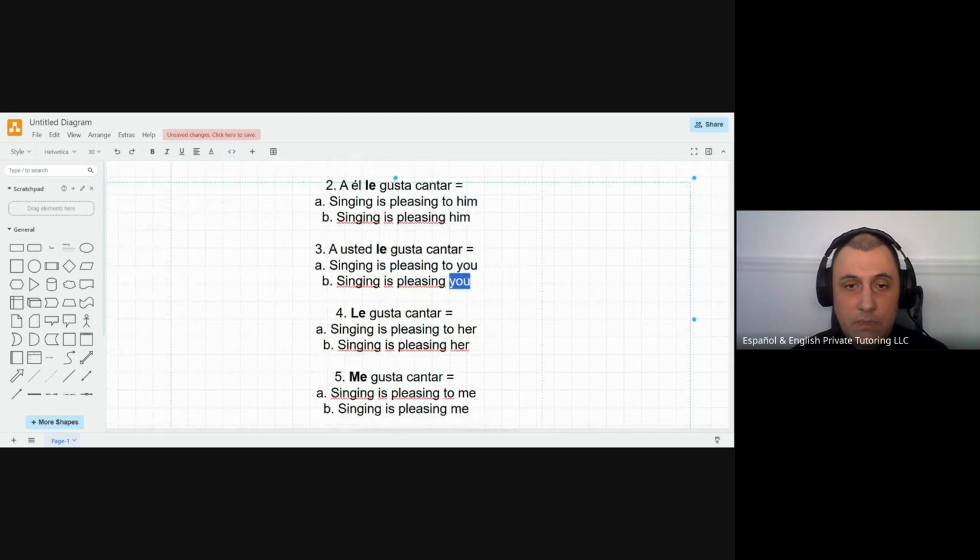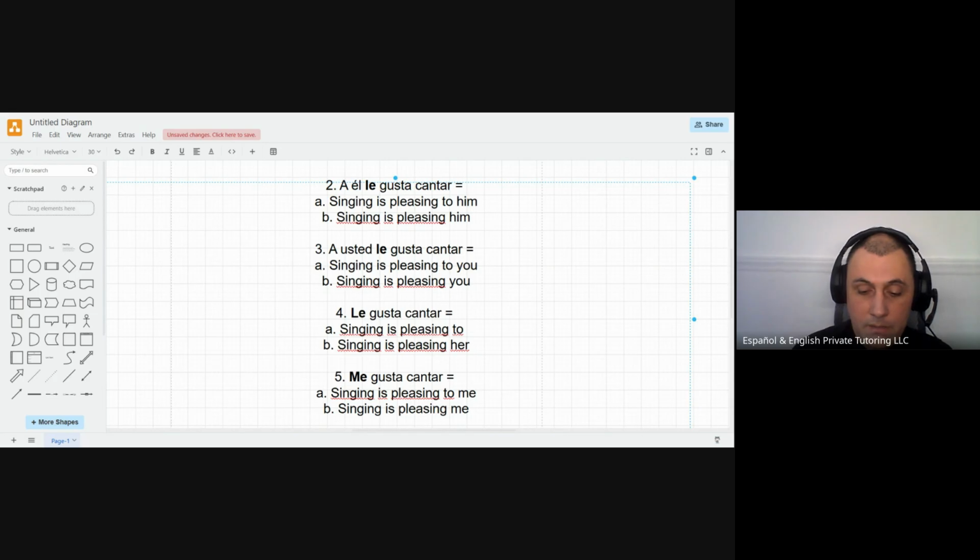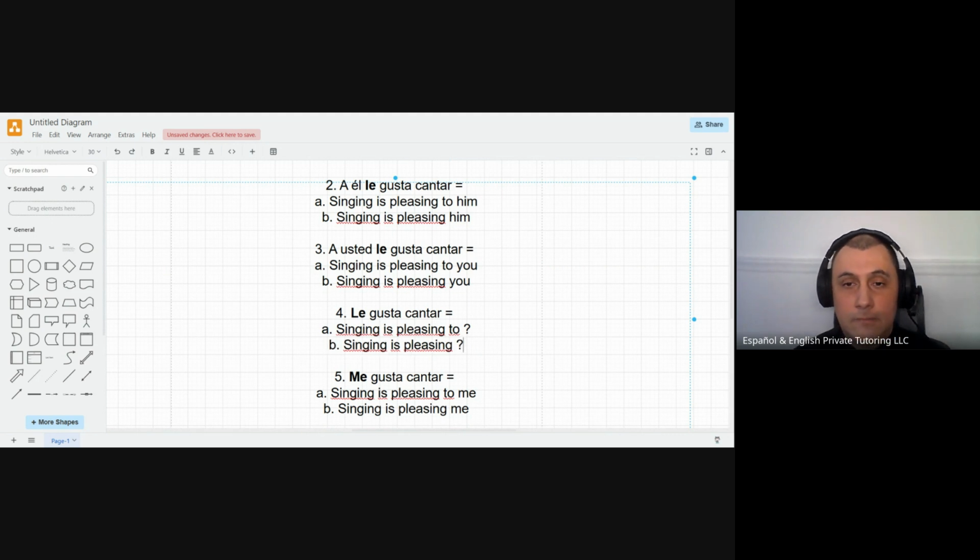If you just give me this sentence, le gusta cantar, I'm not going to understand if you are talking about her, or him, or you, or if you are talking about it. So to clarify this, I have to include the indirect object in the sentence to clarify the meaning of le.